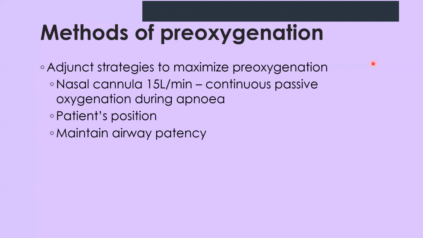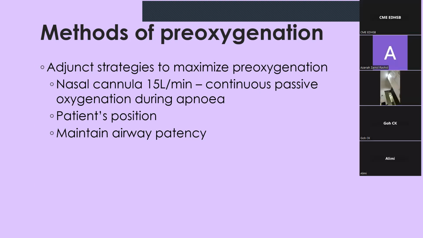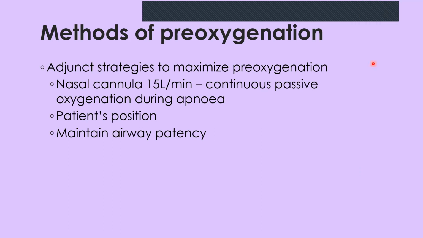So the adjuncts to maximize oxygenation, on top of the high flow, we also pasang nasal cannula 15 liter for continuous passive oxygenation during apnea. Patient's position and maintain airway patency. Kalau patient tak ada gag reflex, mungkin dia letak OPA.